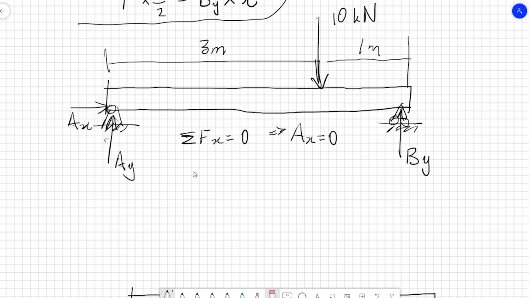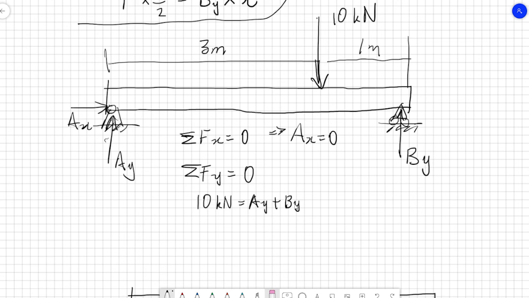Now, what about vertical forces? Well, all the forces in the vertical direction have to add up to 0, which means that 10 kilonewtons equals AY plus BY.